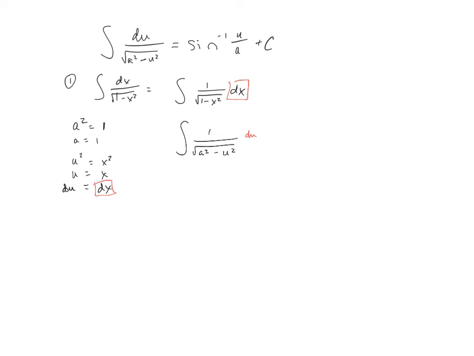So once I have this set up, it's looking exactly like my rule up here, and I know that that rule is inverse sine of my u value divided by my a value. So now we're just going to go back and replace. My u value is x, my a value is 1, so I end up with the inverse sine of x plus c.